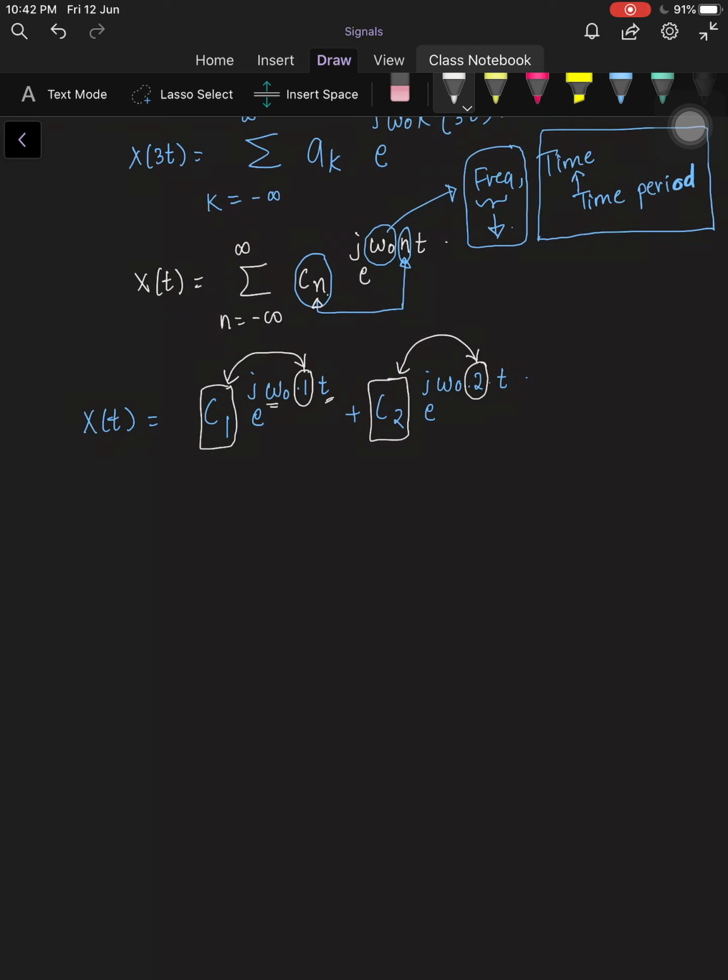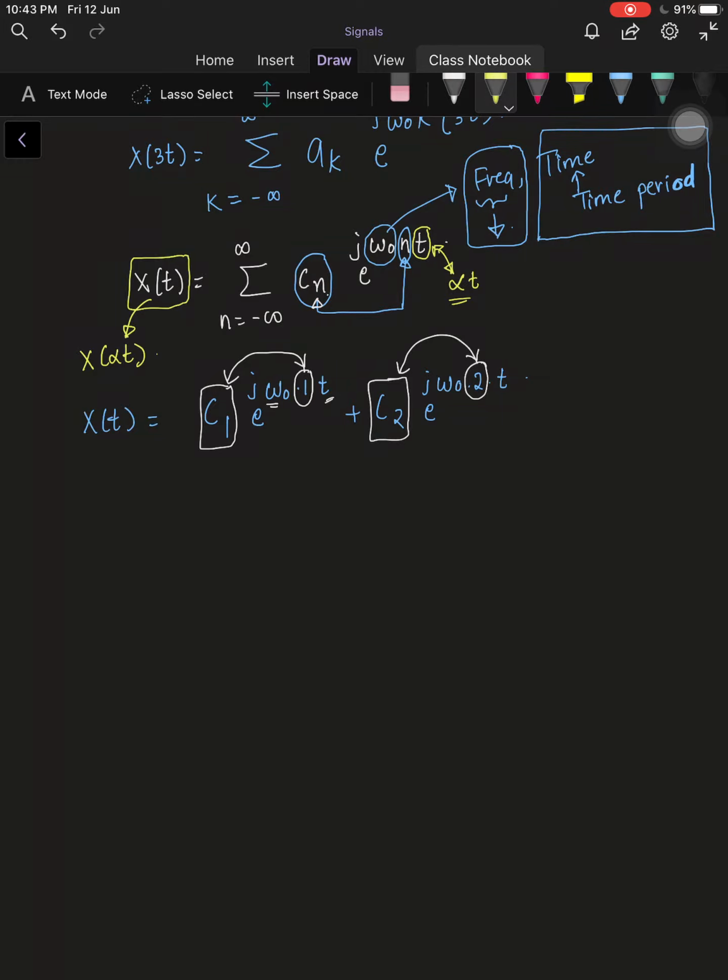And coming to the next concept, if we consider t, then that affects our time domain signal. If we change t to alpha t, then our x of t changes to x of alpha t.